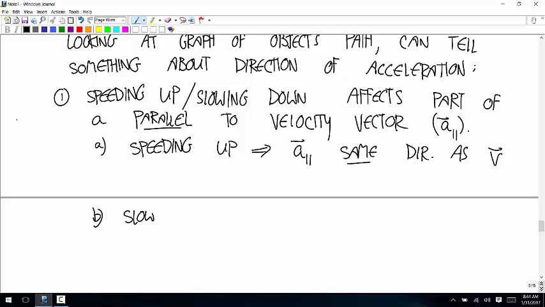And if it's slowing down, A parallel is the opposite direction of the velocity vector. Okay, so notice that that's the same as our interpretation of acceleration with motion along a line. Along a line, if the acceleration and the velocity are in the same direction, we know that it's speeding up. If they're in opposite directions, we know it's slowing down. Now, that same thing is true if you only consider the component of the acceleration that's parallel to the velocity.